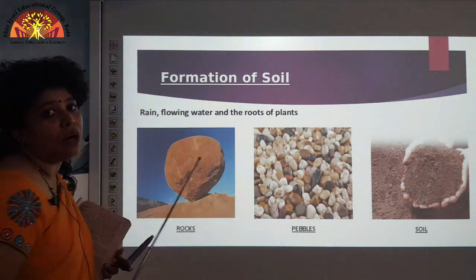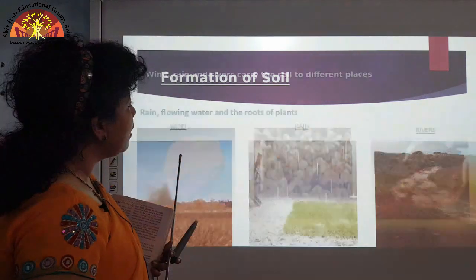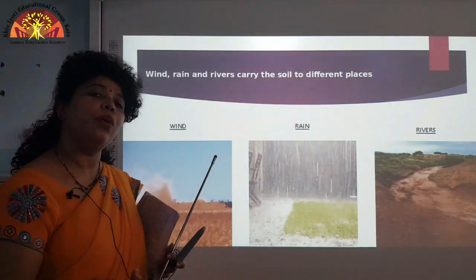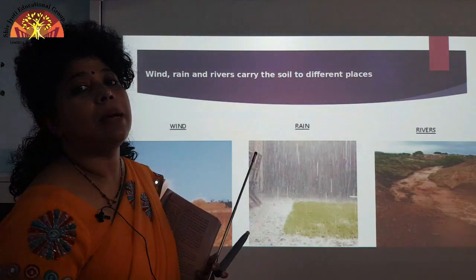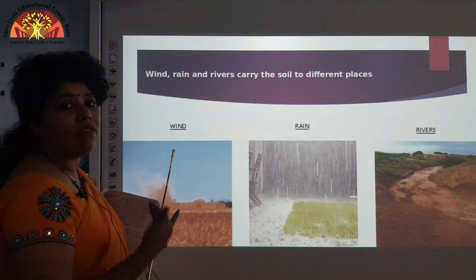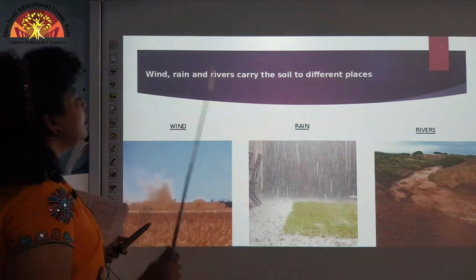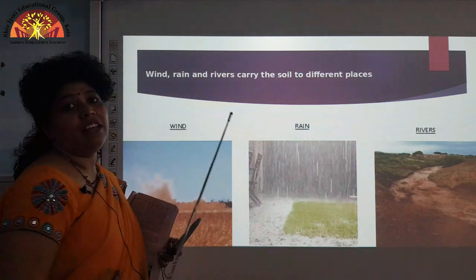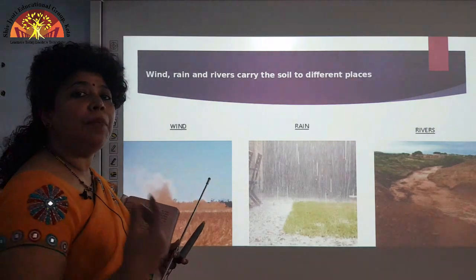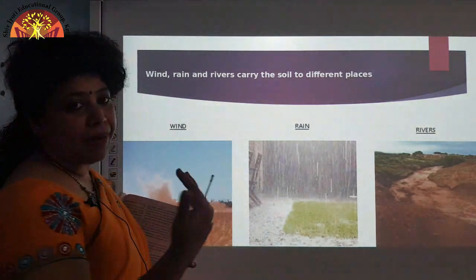So this is how soil is formed, and Mother Nature has her own way to carry soil from one place to another. Some of the ways of carrying soil from one place to another are wind, rain, rivers.